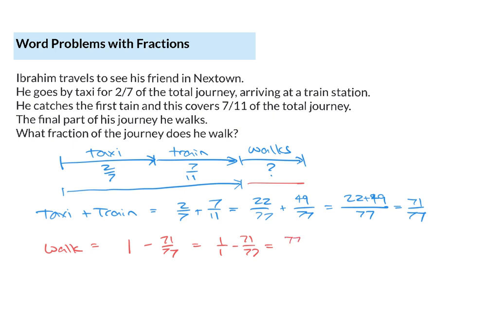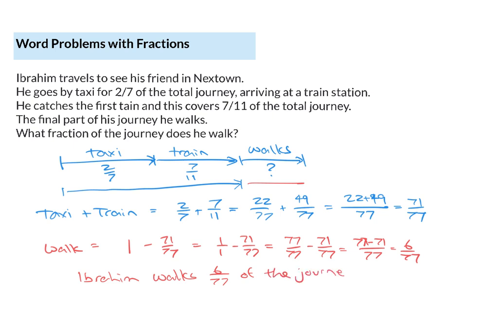So that's the same as saying 77/77, which is equal to 1, minus 71/77. So that's 77 minus 71 over 77, which is equal to 6/77. And that's how far he walks. So the last bit here is then Ibrahim walks 6/77 of the journey. And we're done.